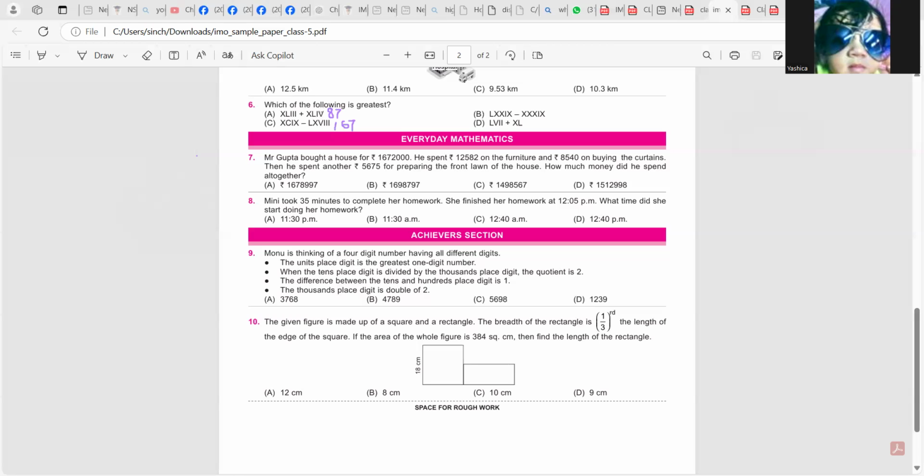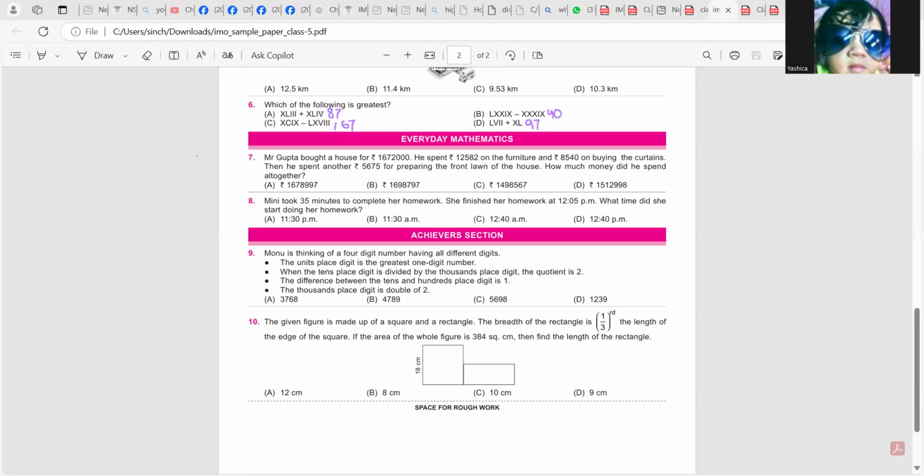Do it fast, Yashika. Ma'am, I already wrote all the values.